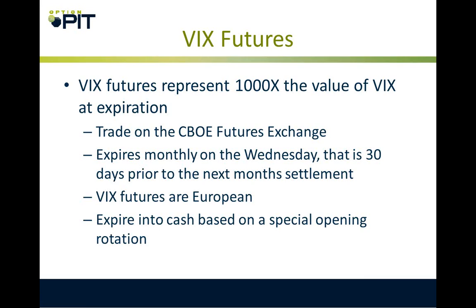All right. They expire into cash based on a special opening rotation. A bunch of trades go up. And now, this is important. To the best of my knowledge, they're the only cash-settled future... S&P 500 options are European.